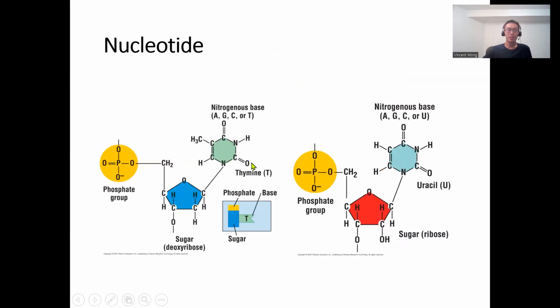Let's take a closer look at the nucleotides. This is a typical nucleotide on the left for DNA because it's deoxyribose. So this is a DNA nucleotide, and this is an RNA nucleotide. We have the phosphate, we got our 5-carbon sugar, and then we have the nitrogenous base.